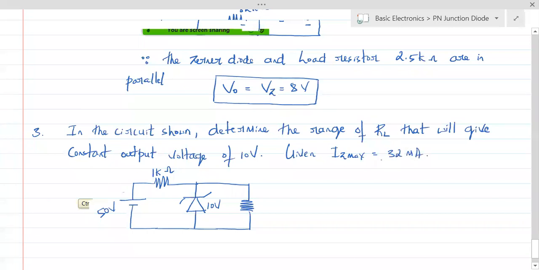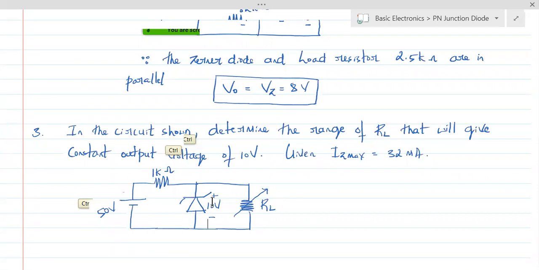So you have to take this in the problem statement. Fine. So what they're asking us is RL. Now RL is variable, that means we keep varying this. So what is the minimum value of RL that will give you 10 volts across this? And what is the maximum value of RL that would give you 10 volts across this? That is what we are actually trying to see.